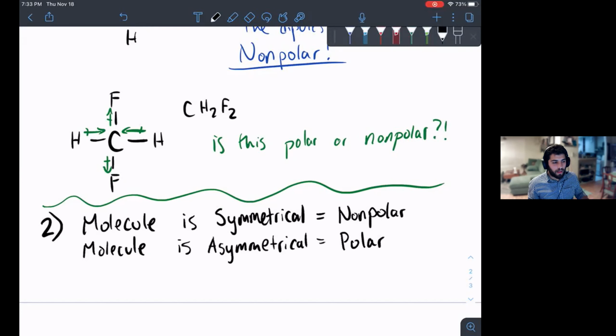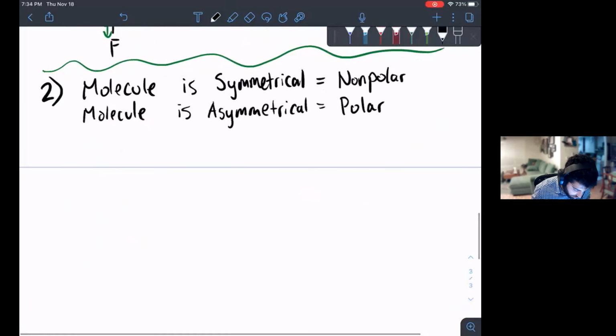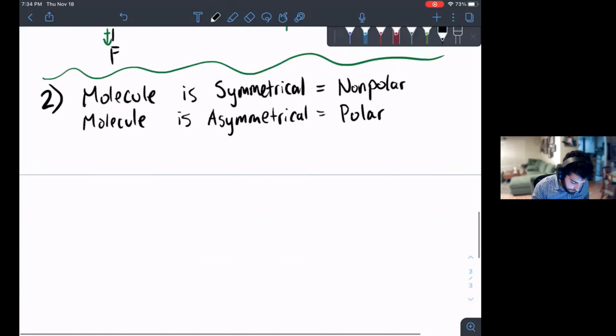And that's it. If there is any way you can look at a molecule and have it be asymmetrical, any way at all, it will be polar. If you can look at a molecule and it's going to be symmetrical in every direction you look, then it is nonpolar. And so we can go ahead and look at our two examples from before.